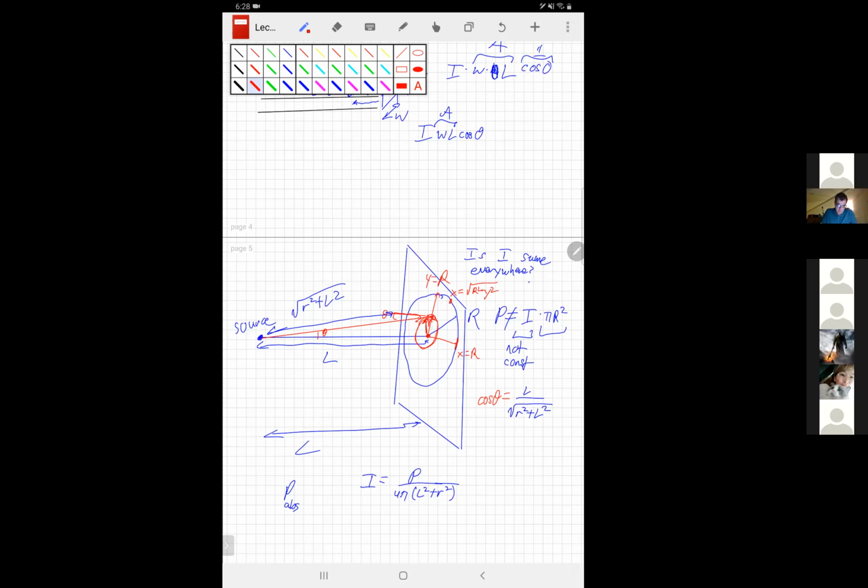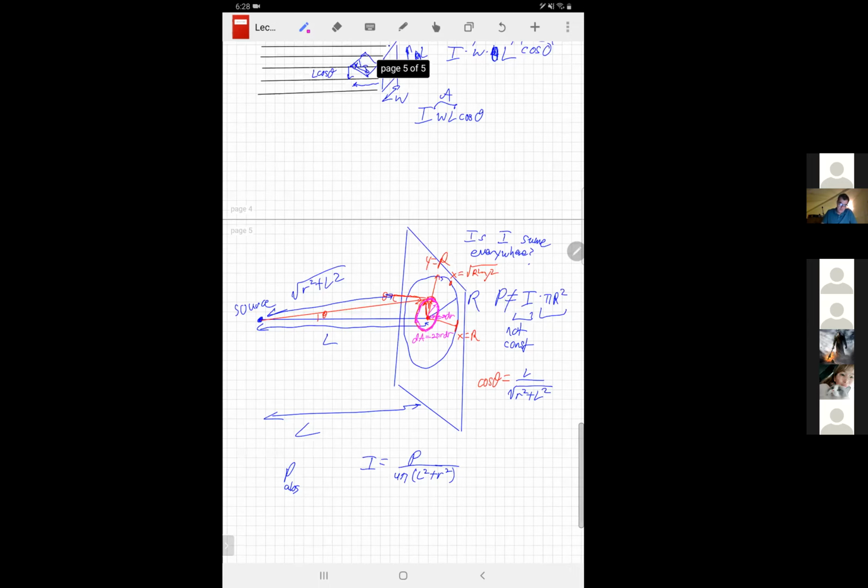So if we work in polar coordinates, then we've got this distance r, we've got a little shell. And dA is 2 pi r, the circumference, multiplied by the thickness dr, 2 pi r dr.